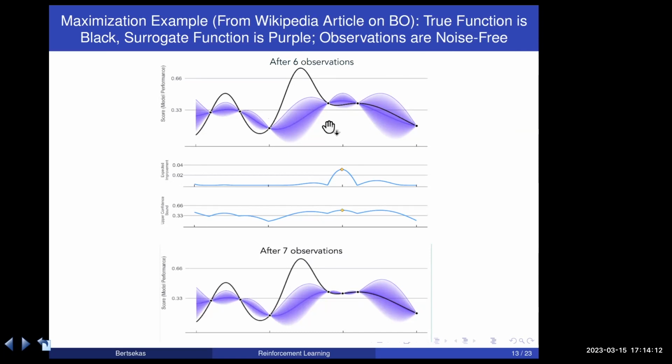Given the purple curve and given a range of points, it will calculate the acquisition function based on expected improvement and based on any other criteria, such as the upper confidence bound and so on. So we can calculate these things and maximize the acquisition. We may have to use an algorithm to do a maximization of the acquisition function. But in principle, all of this is available to us to experiment with. Thank you.